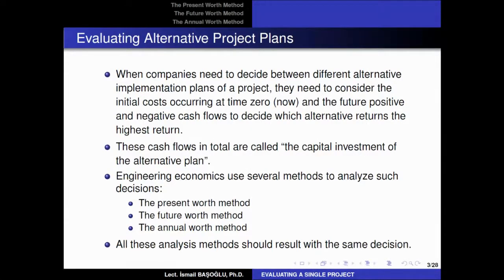Now, under a certain interest rate that we assume, if the present worth method tells us to choose plan A over plan B, if you use the annual worth method or the future worth method, again at the same interest rate, these methodologies are going to make you choose plan A or plan B in any way. Okay.